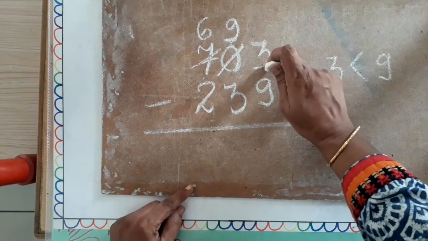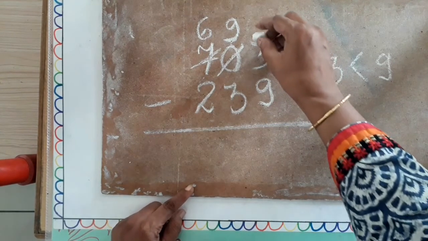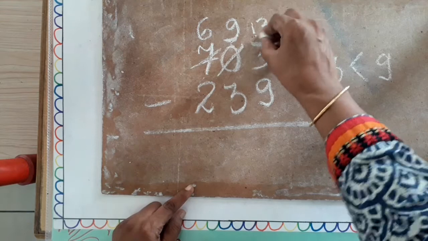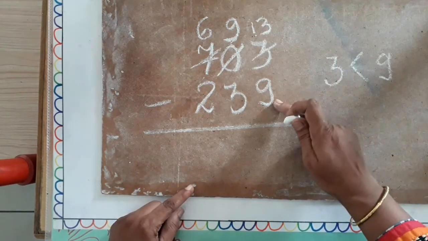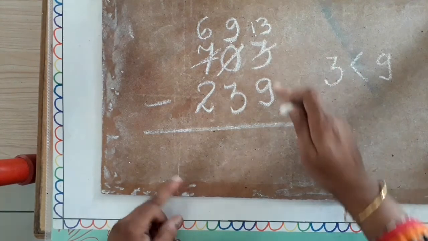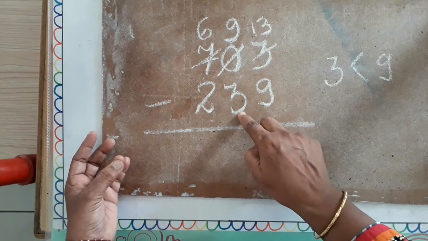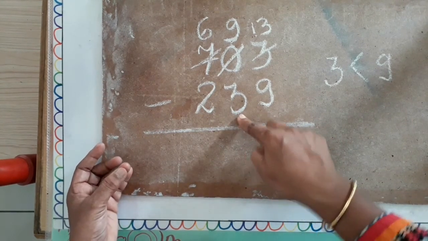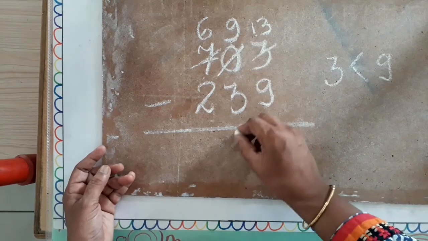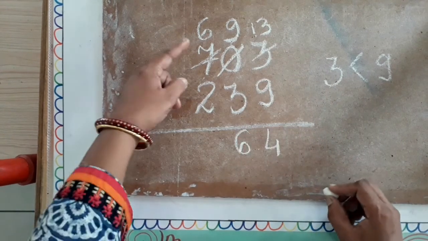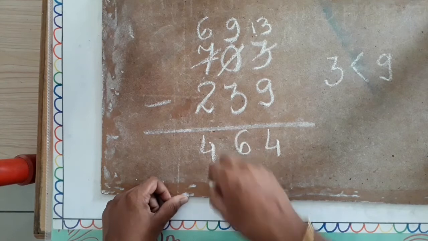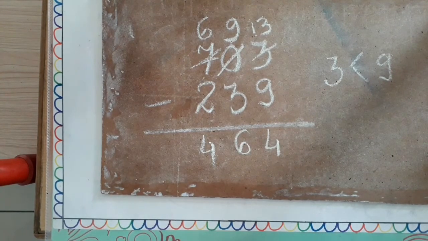So now he will have 10 plus 3, 13. Okay, now count after 9, reach up to 13. 10, 11, 12 and 13. 4. Count after 3, reach up to 9. So here you will have 6 and 6 minus 2, that is 4. So here you have 464.